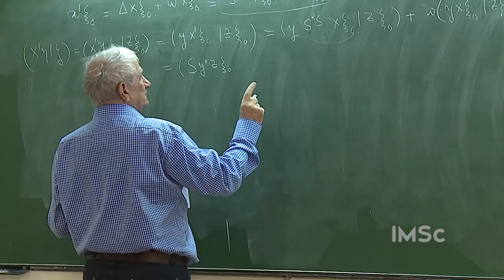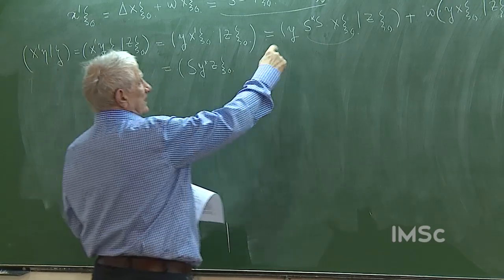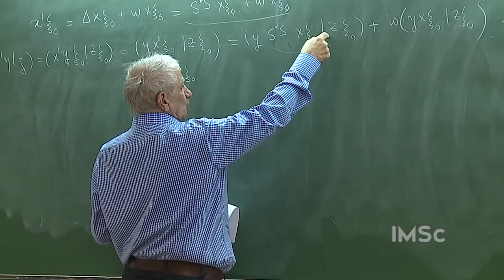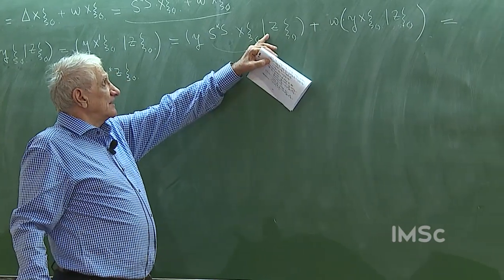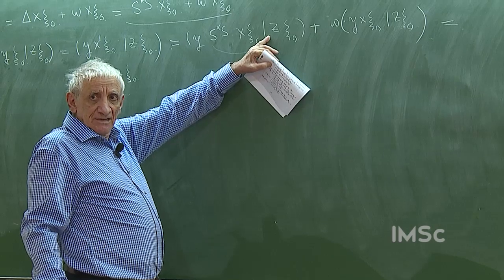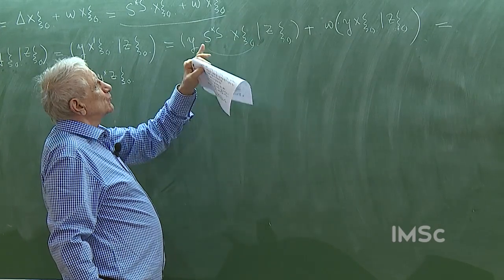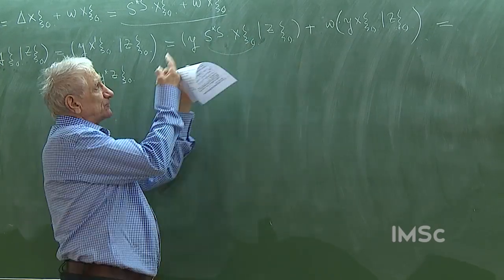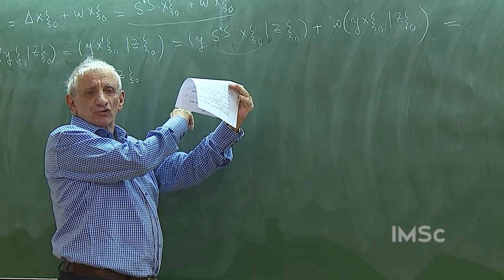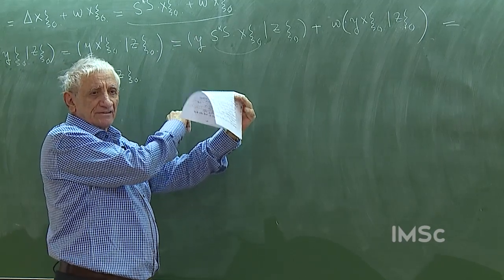I will show you immediately. Y goes the other side as y star, and then S goes to the other side like S, but we change the order in the scalar product because it is conjugate linear.